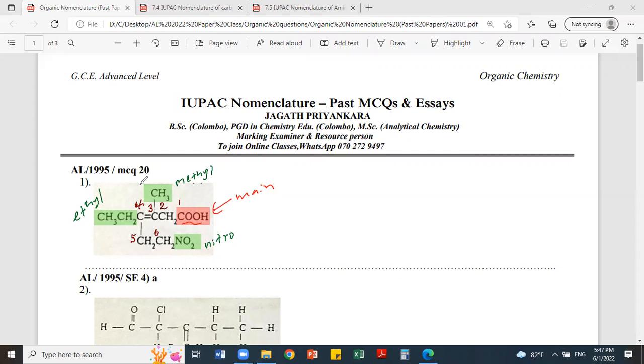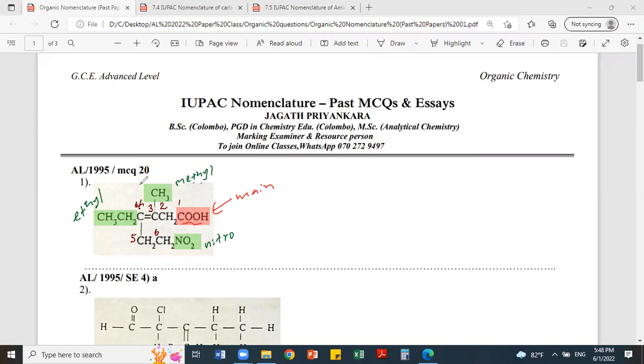Can you write them first? The main carbon chain has 6 carbons, that is hex. But you can't write hexanoic acid because there is an alkene, I mean a double bond. Therefore it's hexenoic. But you have to indicate which carbon the double bond begins with. The double bond begins with the third carbon.